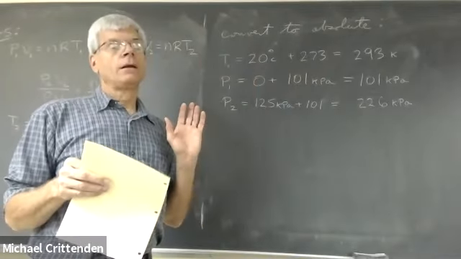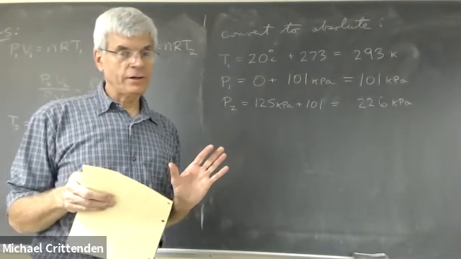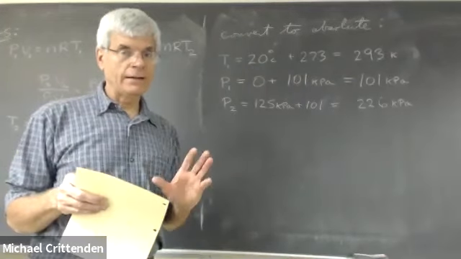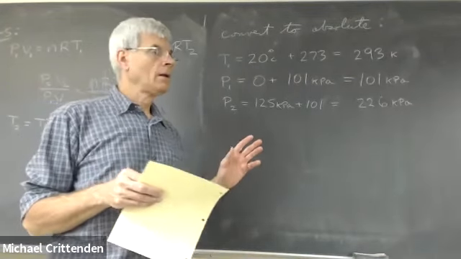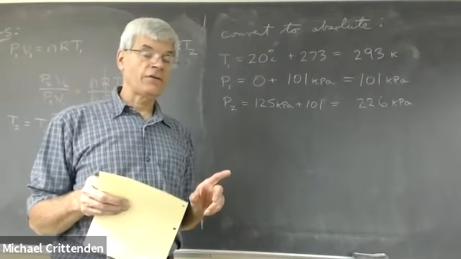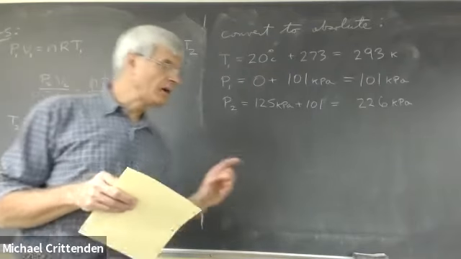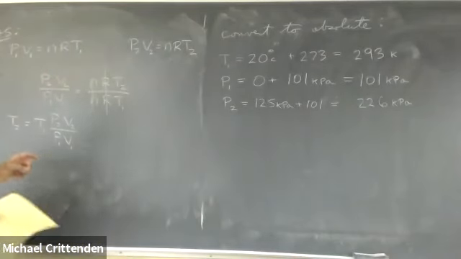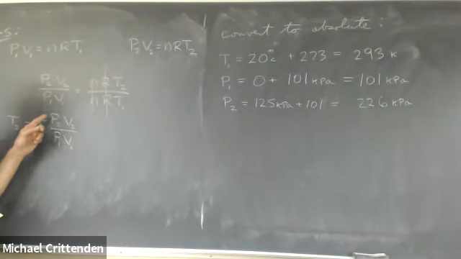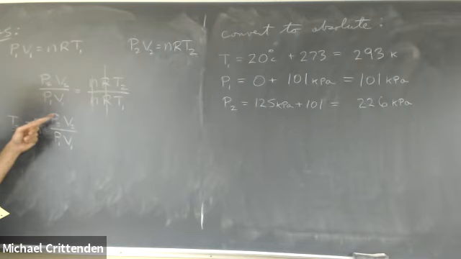Now, technically, the SI unit for pressure is the pascal, not the kilopascal. When in doubt, convert to standard units. Not always necessary, but never wrong. But it turns out that all that matters is the ratio.